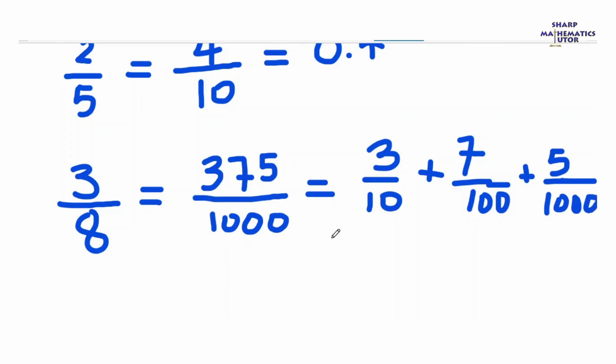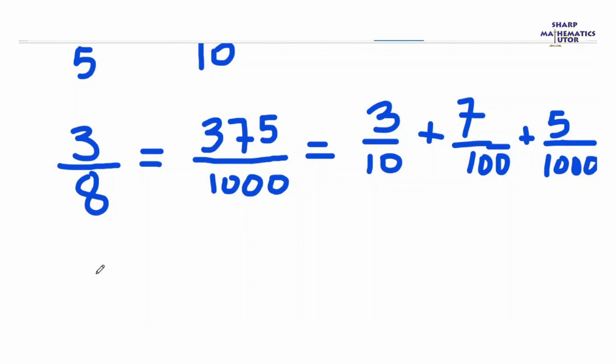Now right there you see where you have your 3 in the tenths place, so your answer right there would be 0.37 in the hundredths place, 75, because 5 is in the thousandths place, right? So your answer for this would be 0.375. That would be your final answer right there.